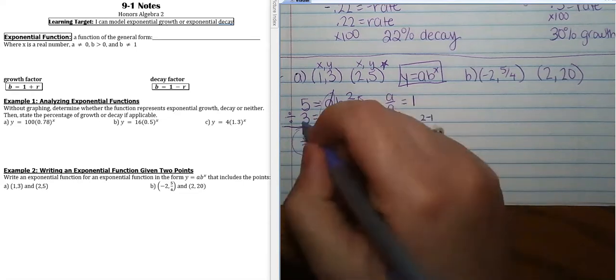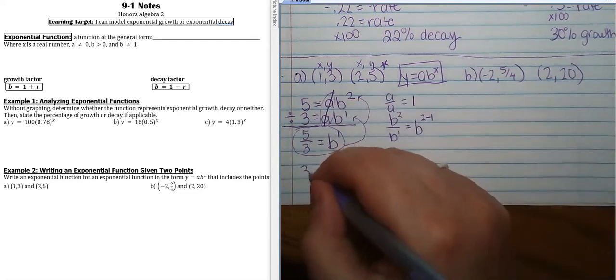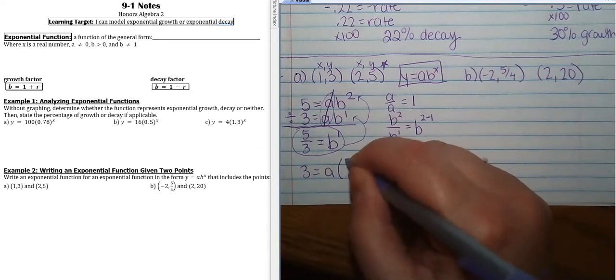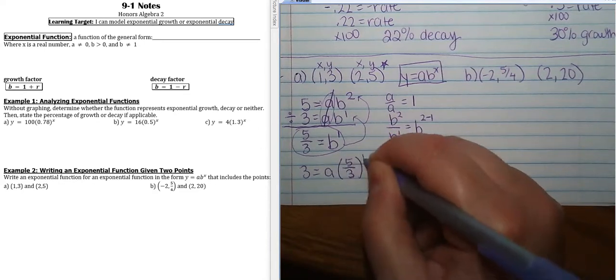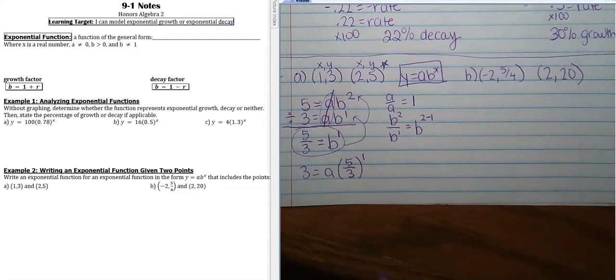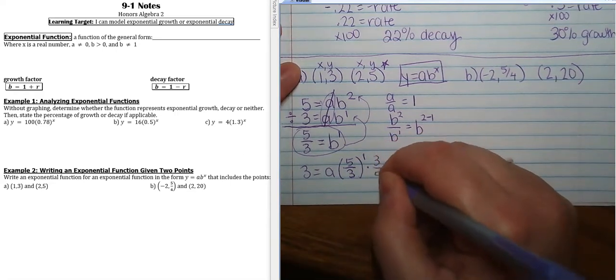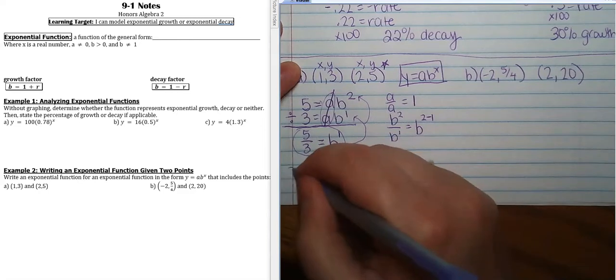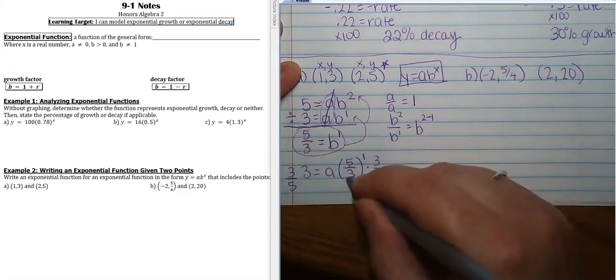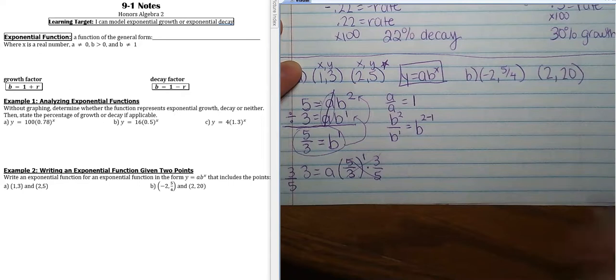So I'm going to plug it into that 3 equals ab to the first. Now, if I do that, set that up, 5/3 to the first power is just going to be 5/3. Now, to get rid of this then, what I would do is multiply both sides by the reciprocal. That's going to become 1.